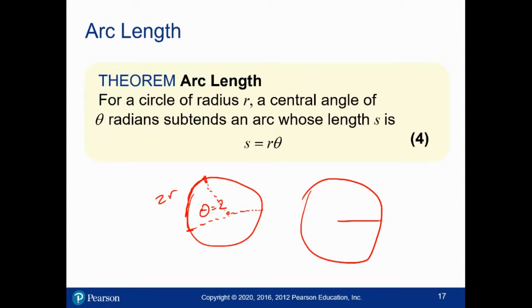If I make another circle, and I give myself a reference radius here, if I try to draw an arc length that's half as long as the radius, then that angle is 1/2 radian, because it created an arc length half as long as the radius. You're describing an angle based on how much arc length it creates. And you're measuring how many radii of arc length does it create. That is called a radian measure.